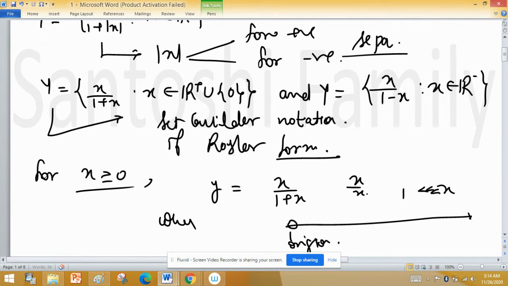Then x upon x will be 1, so its right bound is 1. When x is much closer to 0, then 0 upon 1 will be 0, so the left bound is 0. Also for 0 it will be 0, so you can take the equality sign.